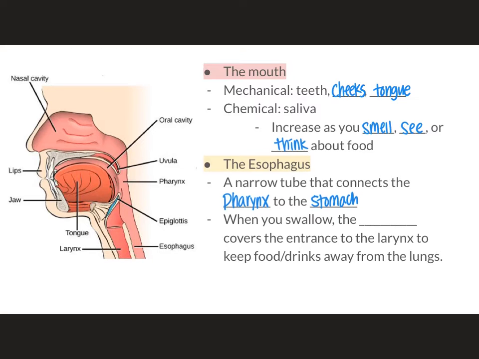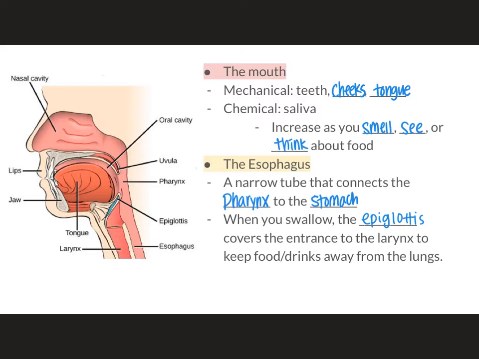So when you swallow, so you have your food in the mouth, when you swallow, what happens is that your epiglottis, which is a cartilage flap, will close down so no food or drink would enter into the larynx, which is the air passageway that goes to the lungs.